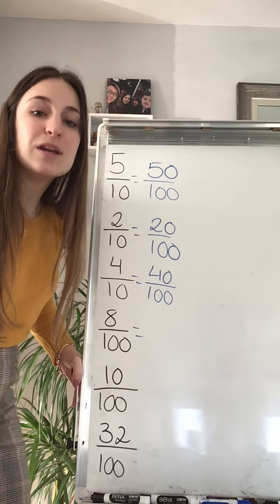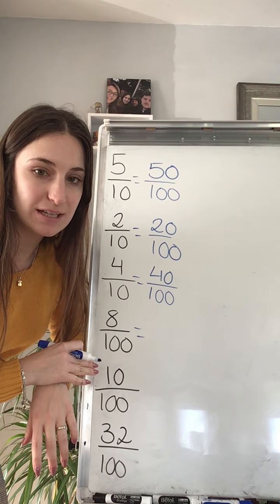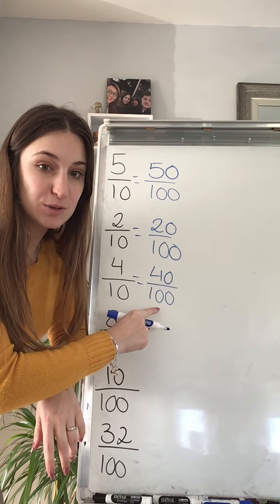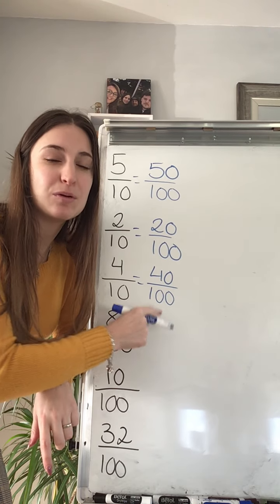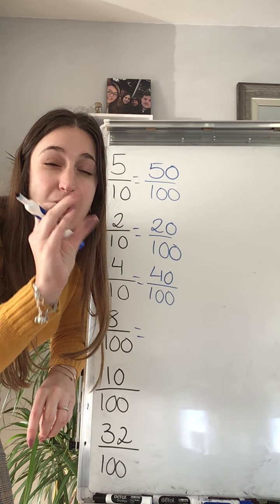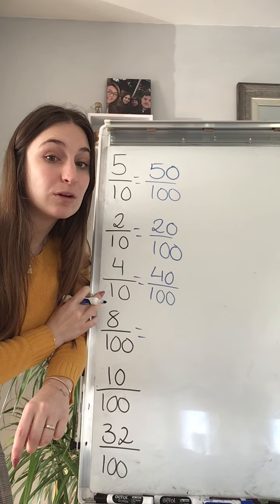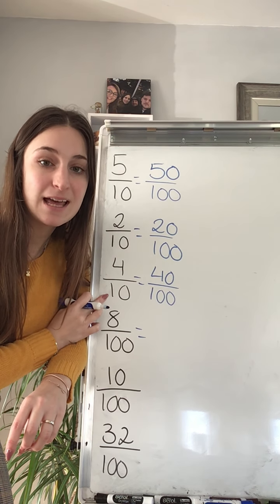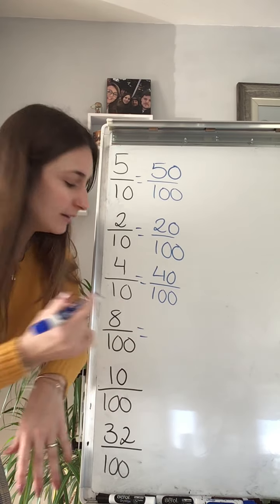Now, this is where it was the tricky bit. You had 8 and you had hundredths. So now you're doing the opposite. You're looking from the big fraction, your smallest value, which is hundredths. That is even smaller than tenths, and you need to look at an equivalent in tenths. So instead of timesing by 10, this time you need to divide.